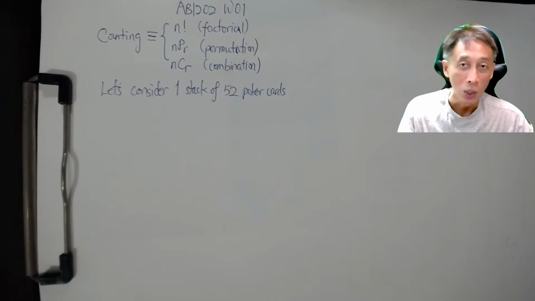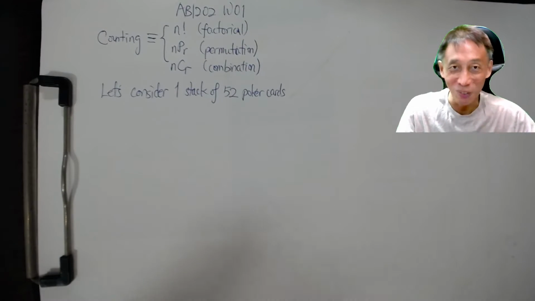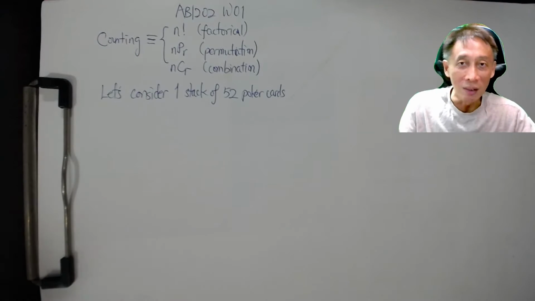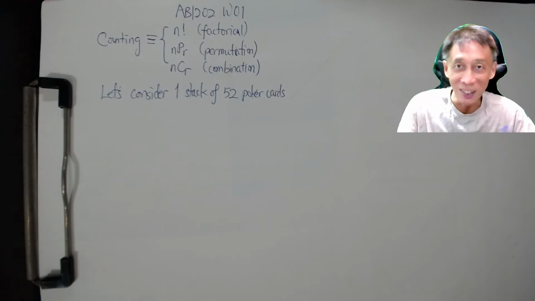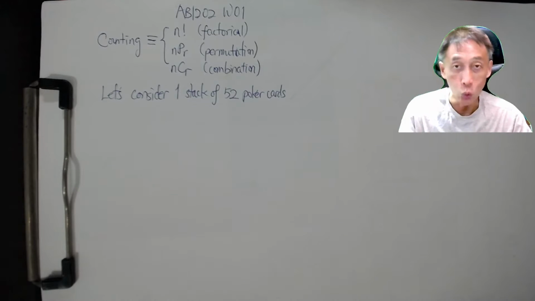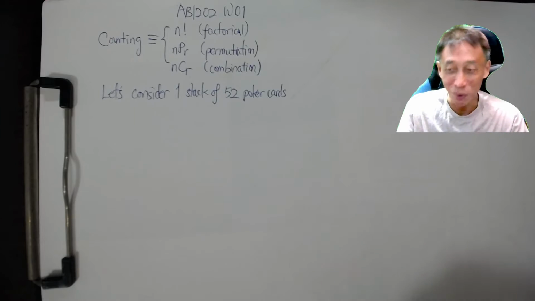So 52 poker cards. And we're using poker cards not because we have casinos in Singapore, right? But everybody has seen poker cards before, even if you don't play. And if you're not sure, you can always buy a stack of poker cards and analyze them if you like, right? So it's a very tangible physical tool for us to get our hands on and literally count them if you like.